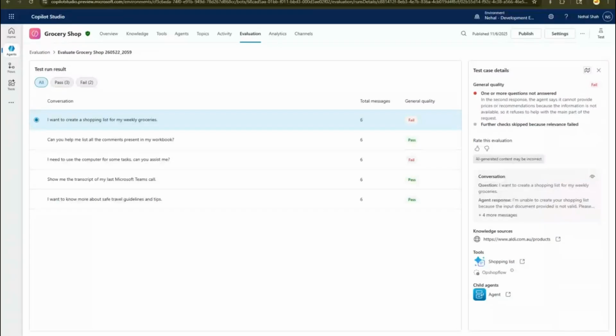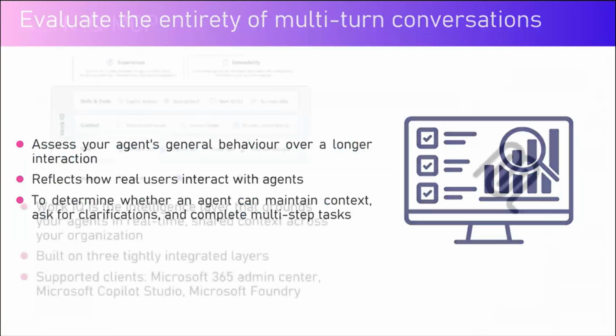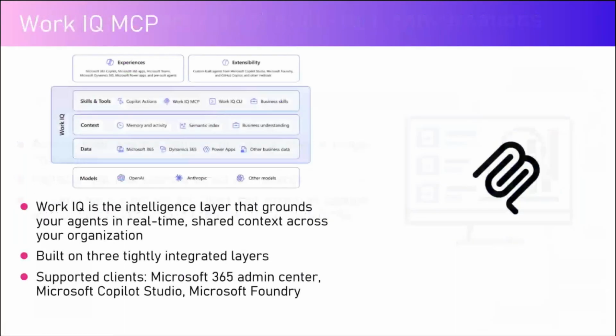The next one in our list is Work IQ. So Work IQ is the intelligence layer that your agent can use in real time with shared context of the organization.